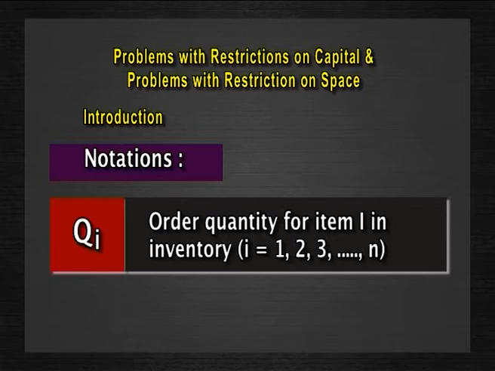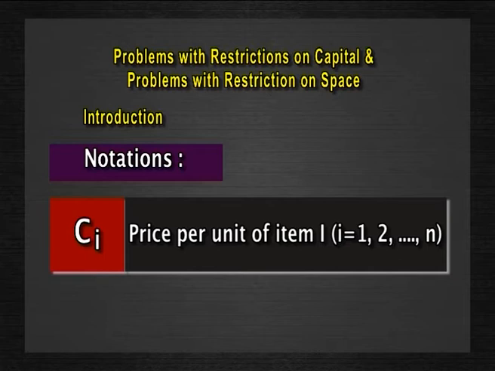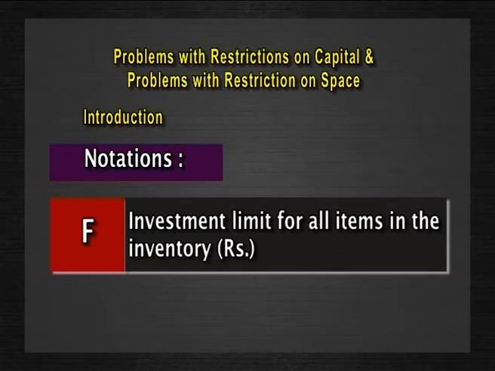Qi is the order quantity for item i in inventory, where i is equal to 1, 2, 3 up to n. M is the upper limit of the average number of units for all items in the stock. Ci is the price per unit of item i, where i is equal to 1, 2 up to n. F is the investment limit for all items in the inventory in rupees.